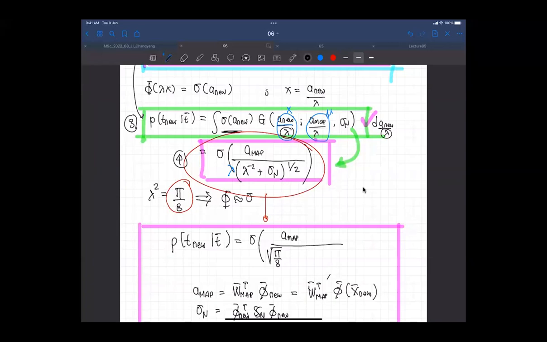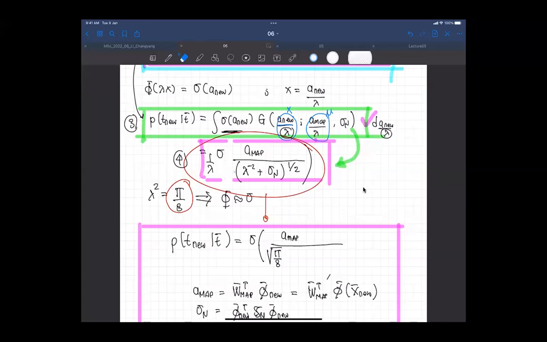Is there something wrong? I think maybe that's why we just have the A MAP without the line, because you are taking the integration. Okay, so if this is the case, then I will have 1 over lambda here, right? Is that correct? Okay.